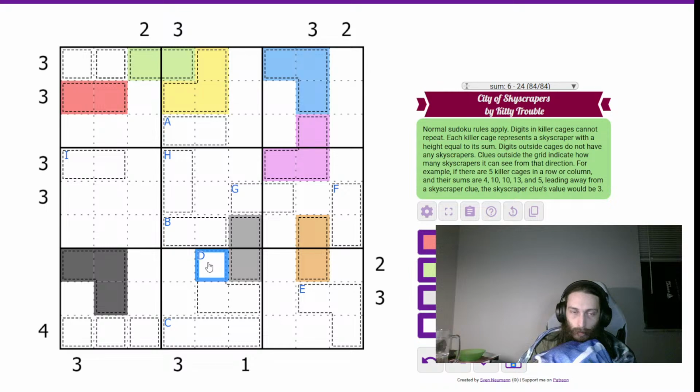But because orange would be larger than D, then purple would be smaller than orange, which would be smaller than blue. Wait, no. Purple would be smaller than orange. This 3, if this is larger than D, then it's also larger than E. So then orange would be seen by the 3, and purple and blue would be seen by 3.